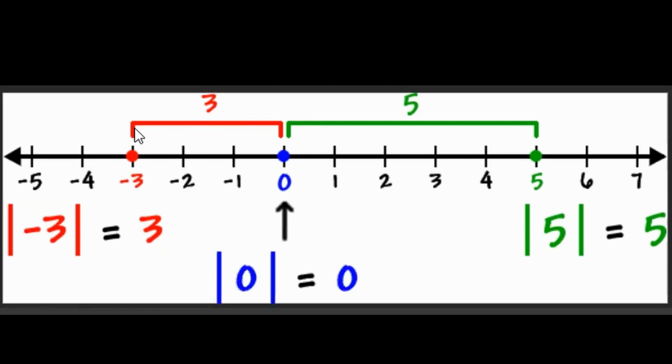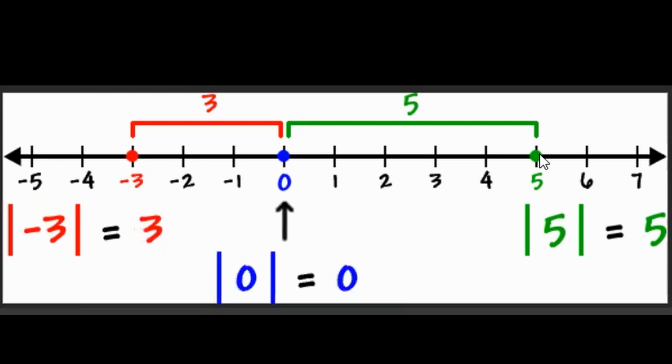So it's just the value of the number without a sign. And the absolute value is always positive. So the absolute value of negative 3 is 3. The absolute value of positive 3 is 3. Absolute value of 5 is 5. And we can see from this example, 3 is to the left of 0, 3 units. 5 is to the right of 0, 5 units.